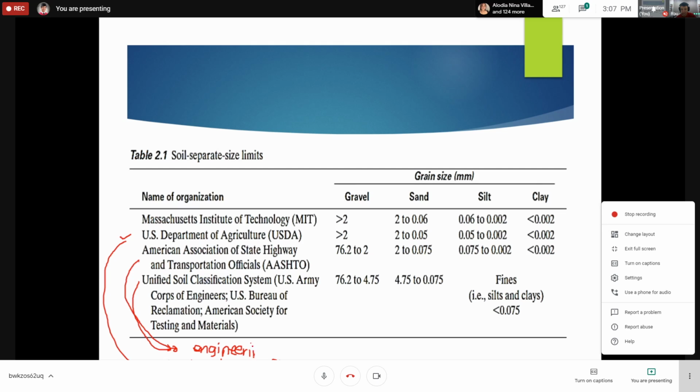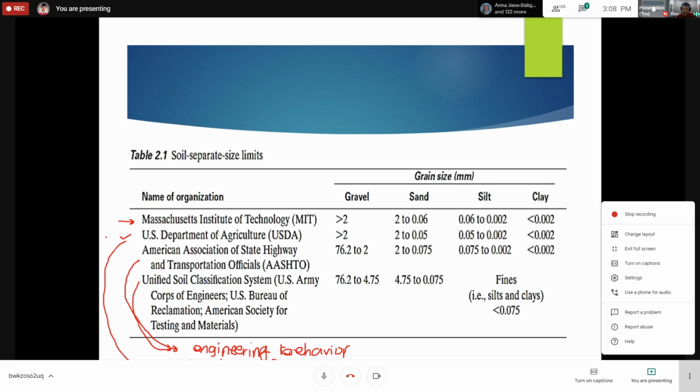The MIT has its own standards in that particular place. But again, what we usually use are the other three: USDA, AASHTO, and USCS.